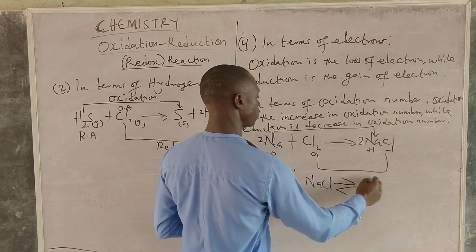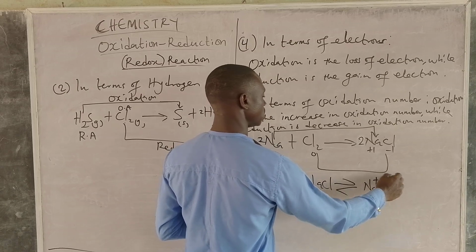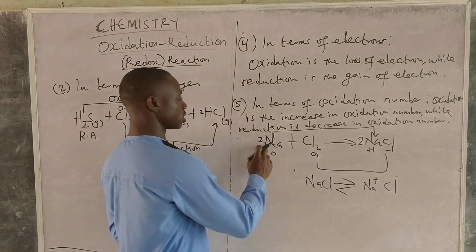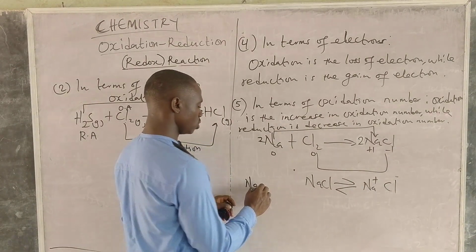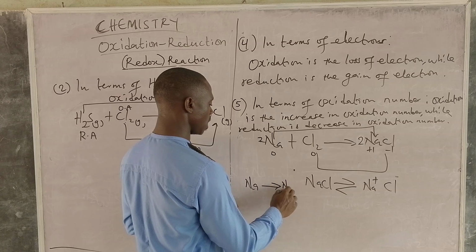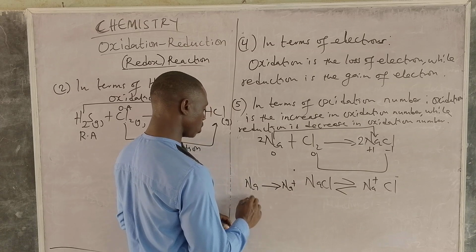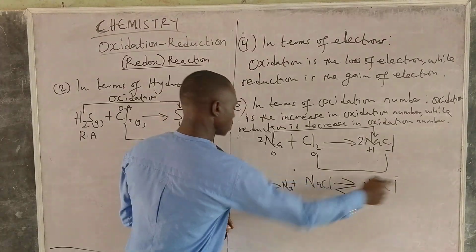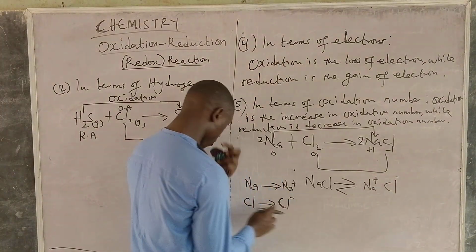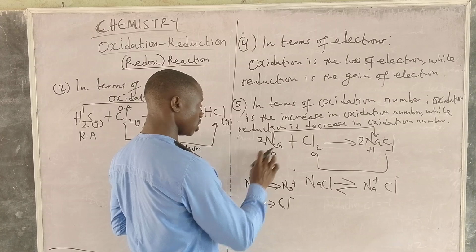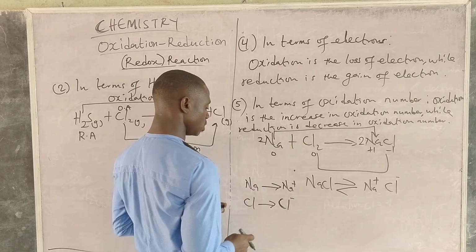Sodium is going to be plus, while chlorine is going to be minus. So from the left hand side to the right hand side of the equation, I can say sodium gives Na plus, while chlorine atom gives Cl minus. This is what we have on the right hand side of the equation, while this is what we have on the left hand side: ordinary sodium and ordinary chlorine.